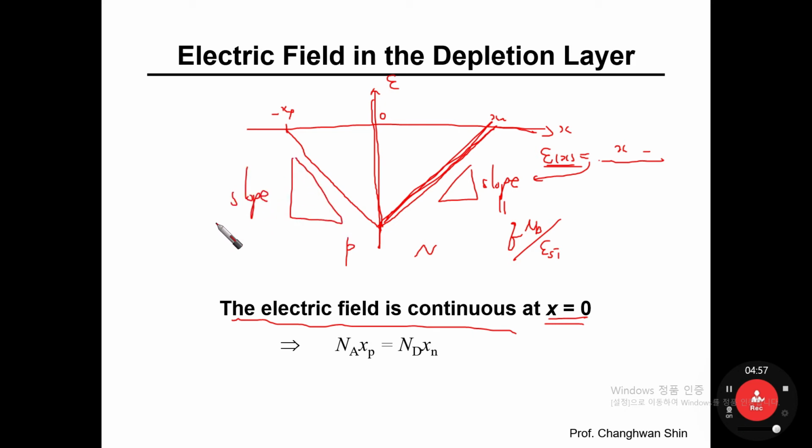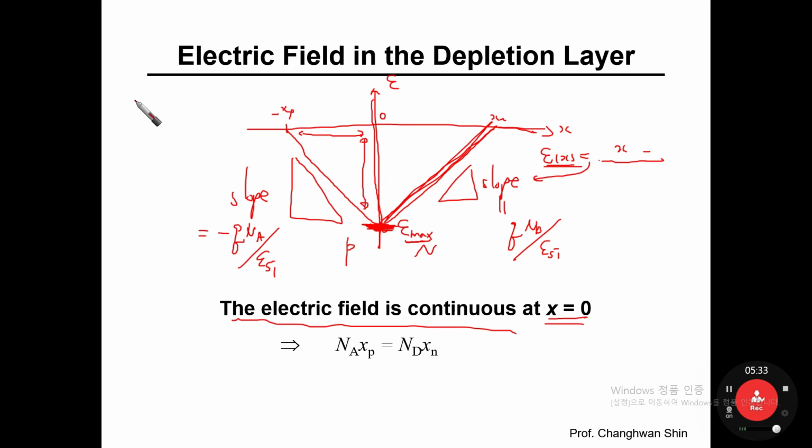Here the slope was minus q n sub a divided by epsilon silicon. Since the electric field should be continuous at x of 0 here, let me define that this value is electric field, but in terms of magnitude, this is maximum, so Emax has been used to denote this point. Then let's calculate the slope by using this value and that value.